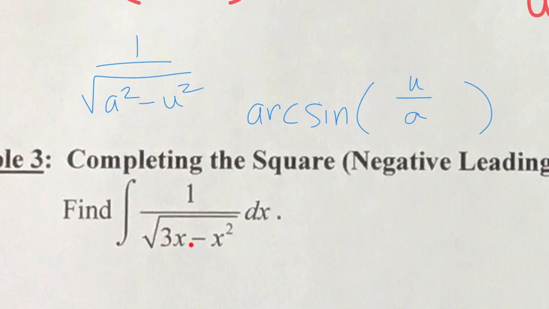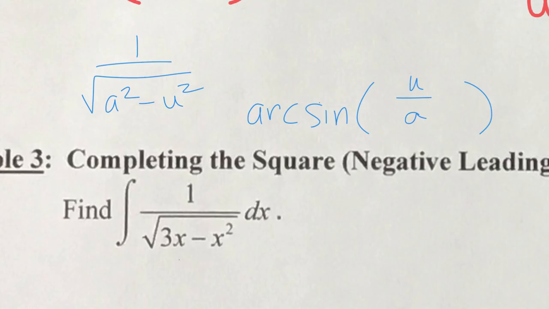So this looks like it could be manipulated into making it an a squared minus u squared type of deal. Okay, that's right. That's your thought process.